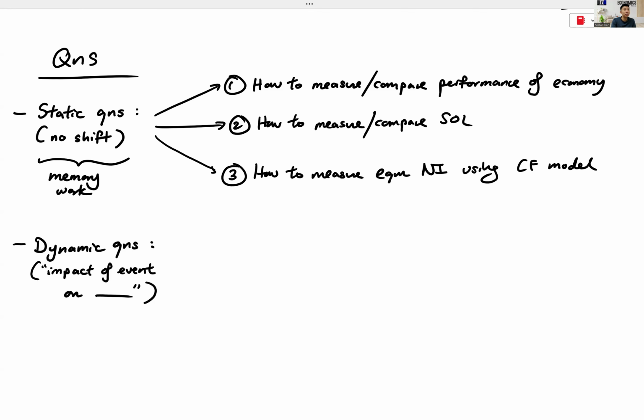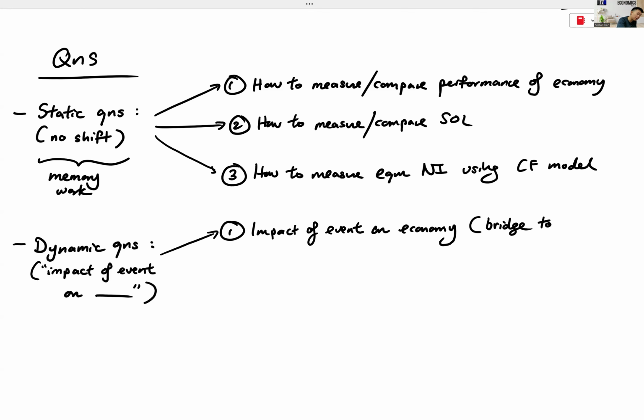Dynamic questions, very popular. The first one, impact of an event on your economy. This is basically a link, a bridge, to the next topic, macro aims and issues.